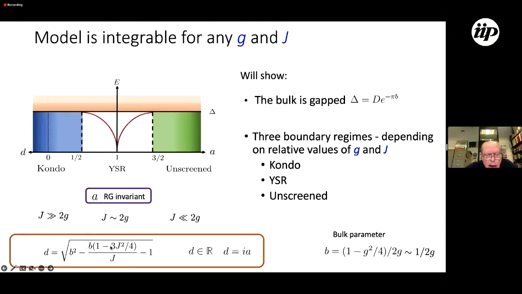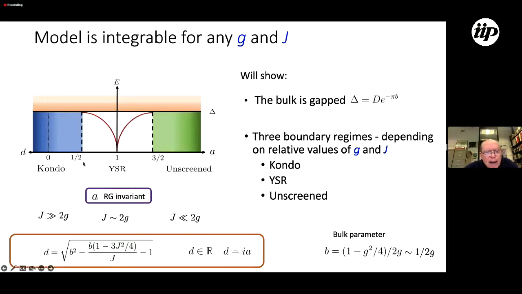It's a combination of J and G. This combination is invariant and can characterize the various regimes. Sometimes I'll call it A, sometimes D, because the parameter can become imaginary, and if it's imaginary, I'll write D equals iA.